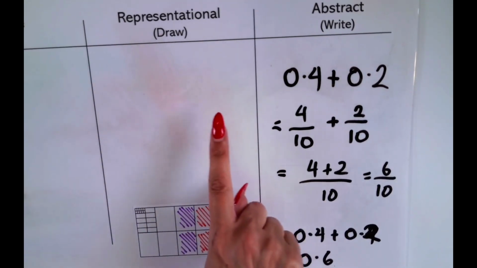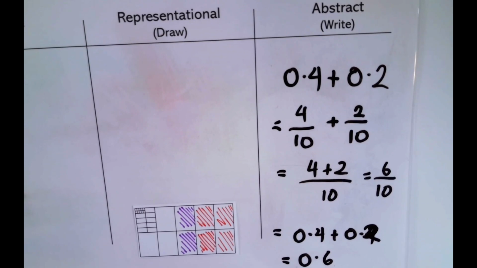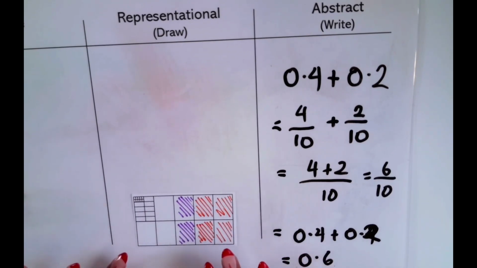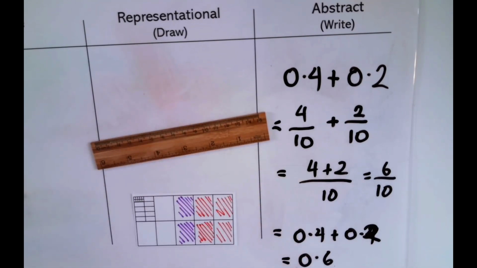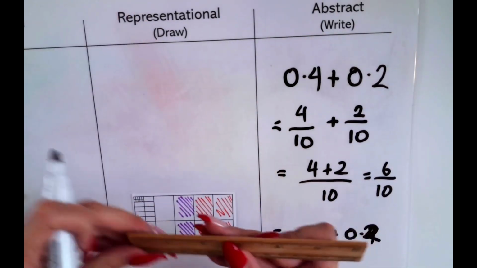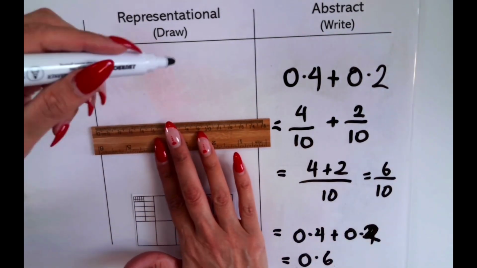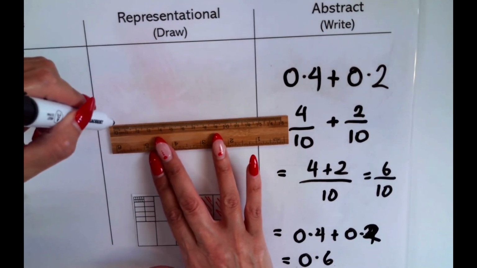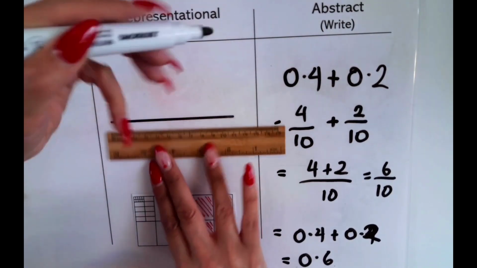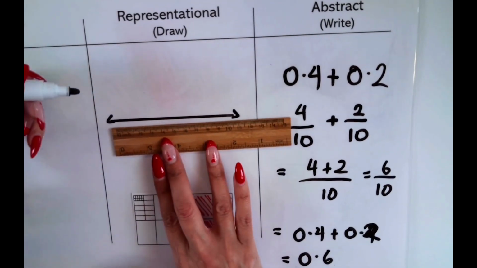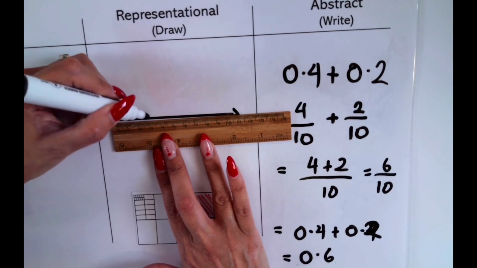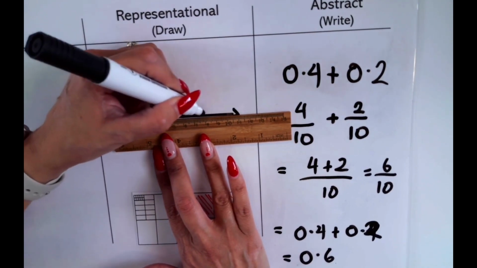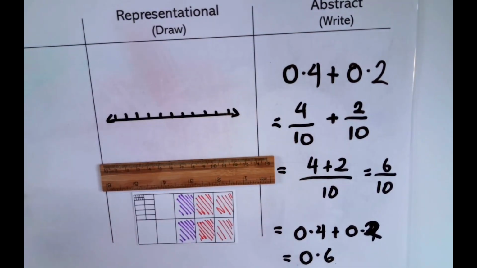Now for the representational part, I would actually get them to show this on a number line. So you can get them to draw the representation using an area model, but I always like to try to encourage students to use a different representation when they're working with their draw section. So you're going to be using a number line that is partitioned into tenths. So that's tenths.